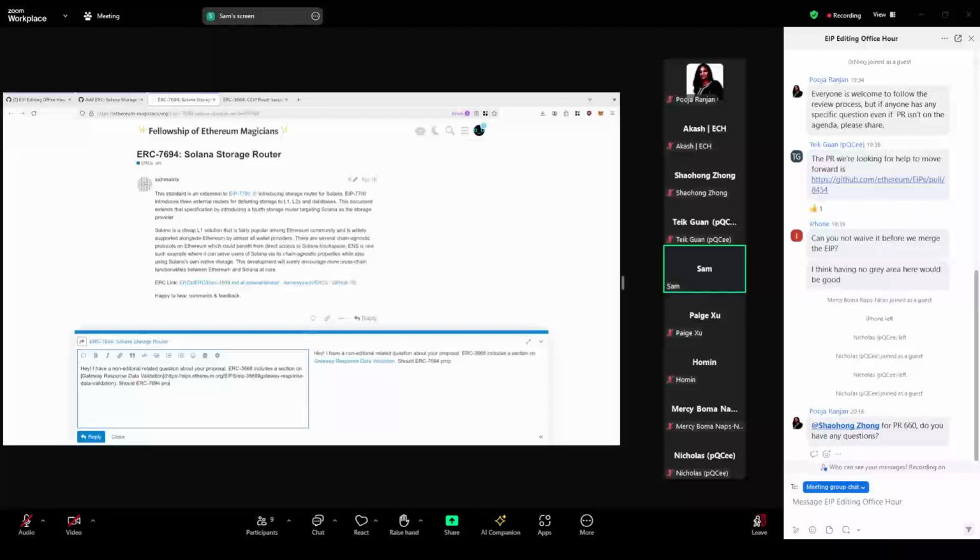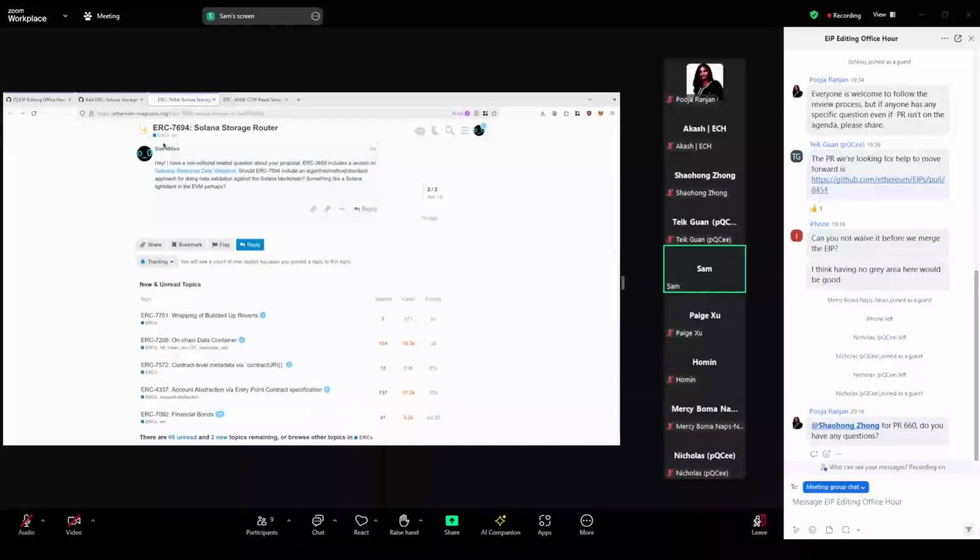Should 7694 include a method like a standard approach for doing data validation against blockchain? Something like as EVM perhaps. Cool. All right, so there's that.